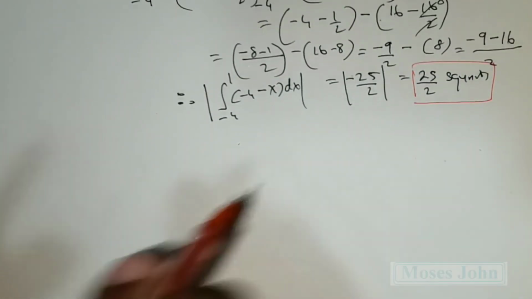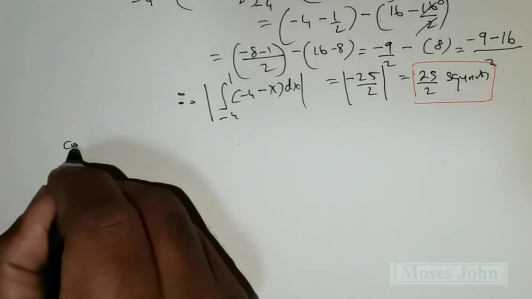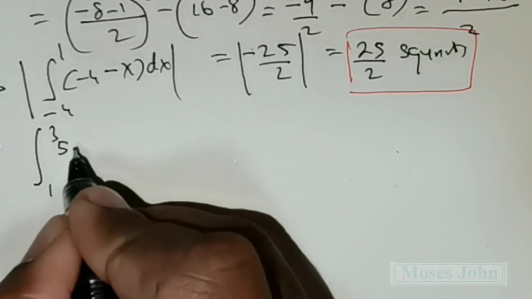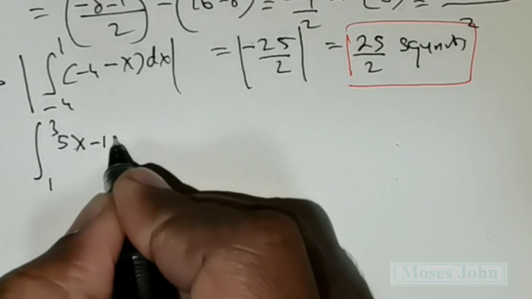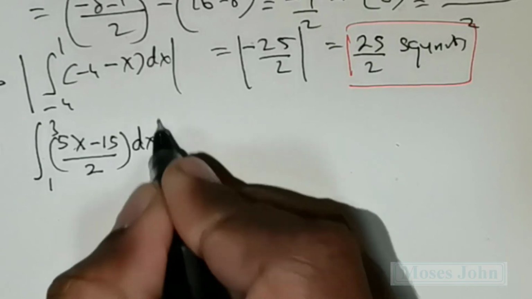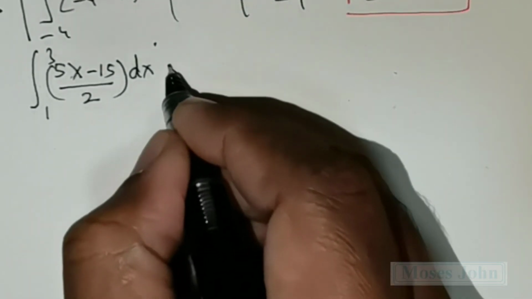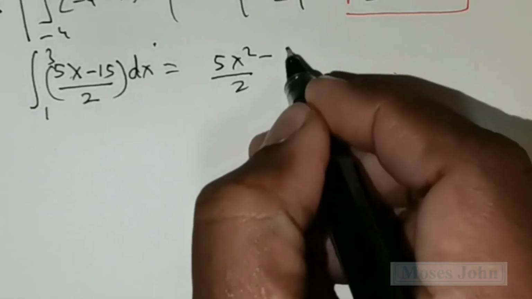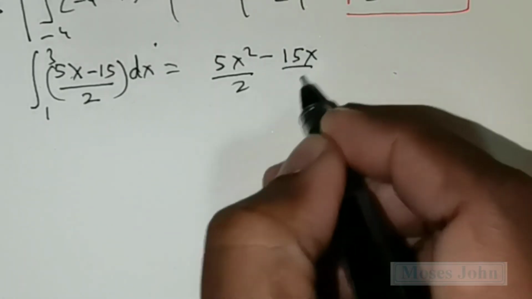And you have to do it for the second part. So consider the integral from 1 to 3 of (5x − 15)/2 dx. This is going to be equal to 5x²/2 − 15x/2.